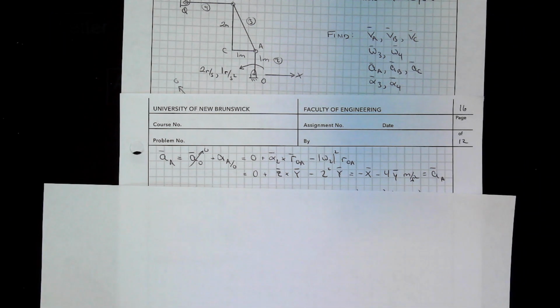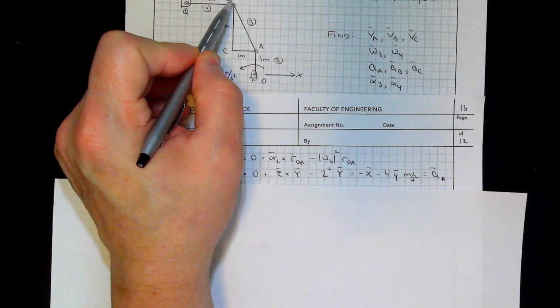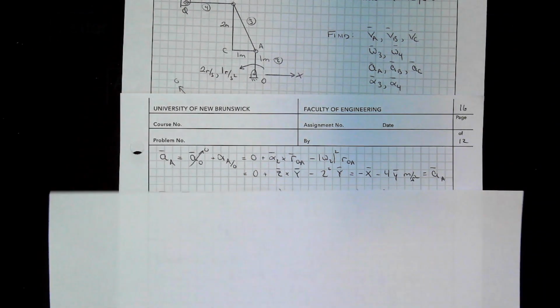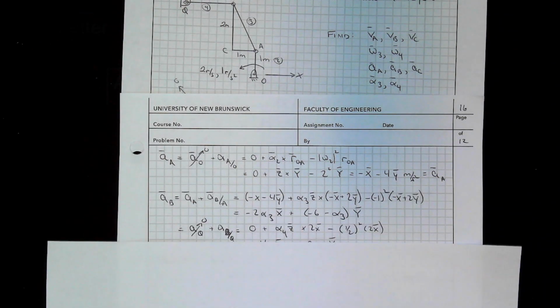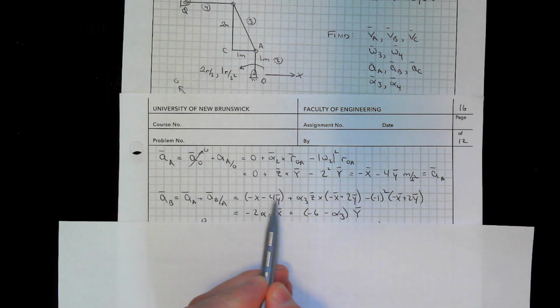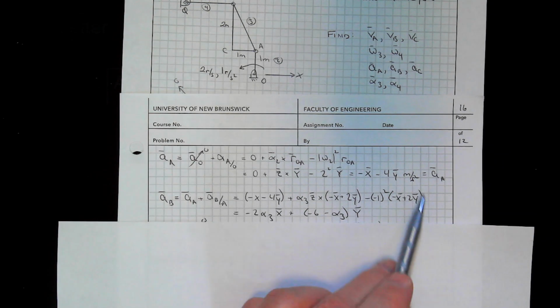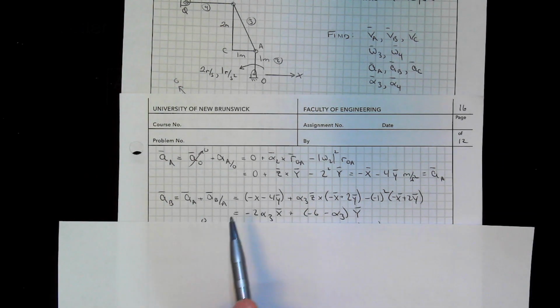So now we go to do B. And it's going to be the same thing. To get to B, I'll go up here to get one equation, and I'll go from here over to B to get a second equation. So here we have acceleration of A is minus x minus 4y plus, and you're going to memorize this thing. Guaranteed, you're going to do this so much you'll do it in your sleep.